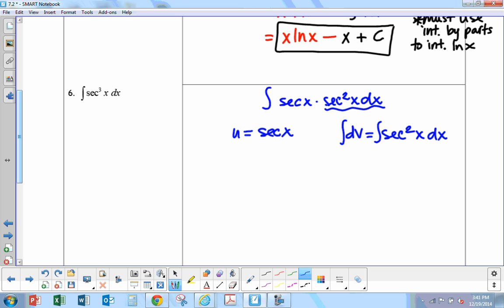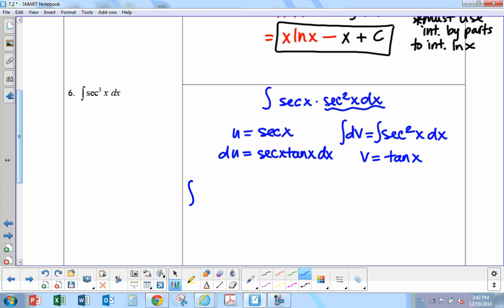So going over to the dv part, v is going to be equal to tangent of x. Then du, because I need to differentiate whatever is u, the derivative of secant is secant tangent. So secant x tangent x dx.